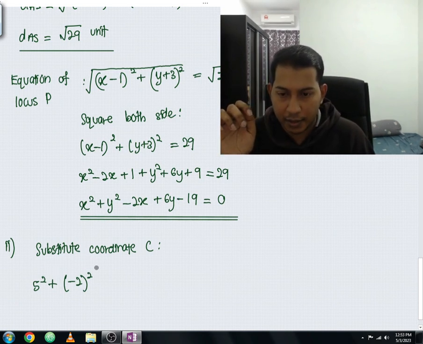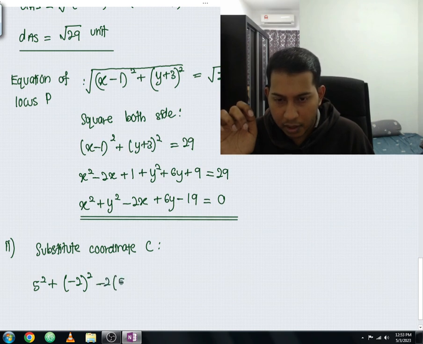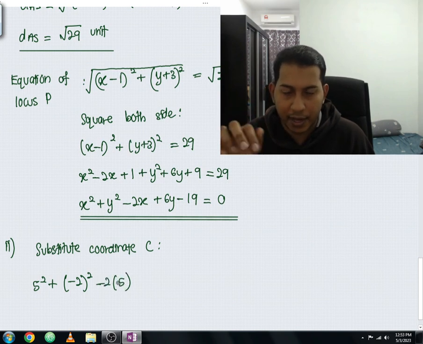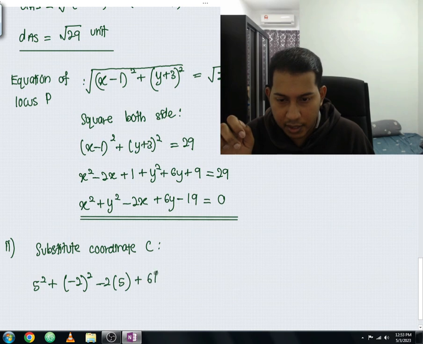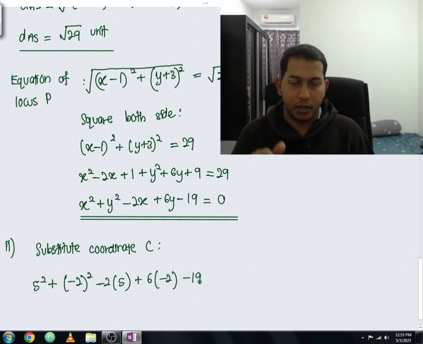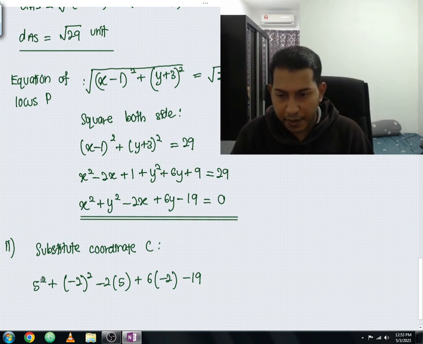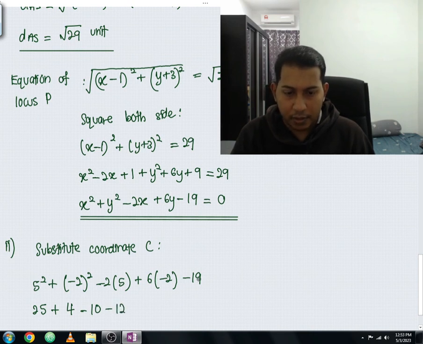So let us continue, minus 2 in a bracket 5, plus 6 in a bracket negative 2, minus 19. Let us calculate. 5 squared is 25. Negative 2 squared you get 4. Negative 2 times 5 you get negative 10. 6 times negative 2 you get negative 12, and then here you have negative 19.